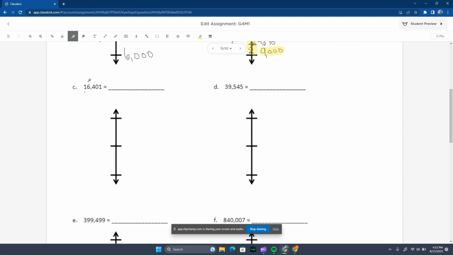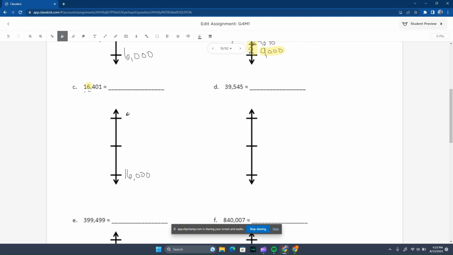Again, identify which digit is in your thousands place. In this case, it's the 6. So this whole number 16 is going to come down here as this amount of thousands. And we change all of these other digits in the hundreds, tens, and ones place down to a 0. So 16,000 is my lower number, and then the next amount of thousands is my higher number.